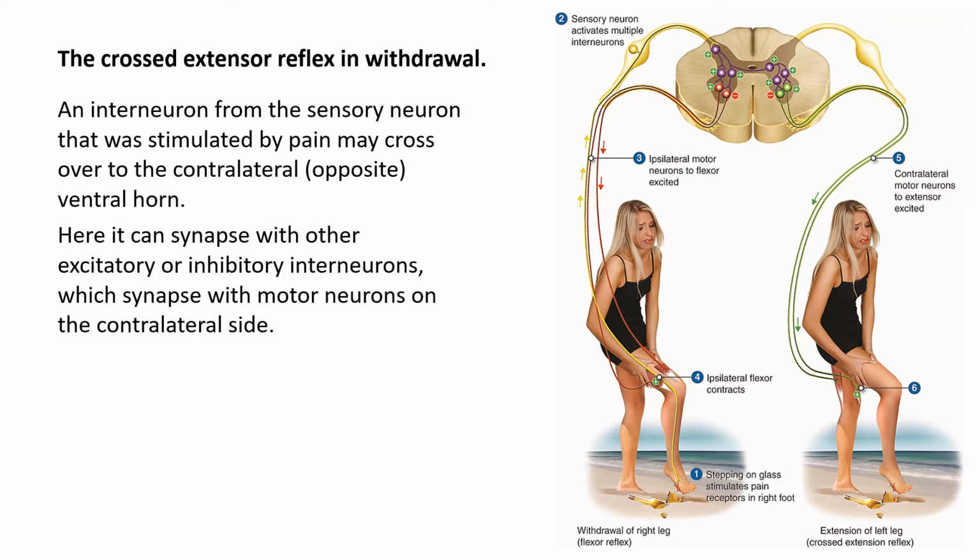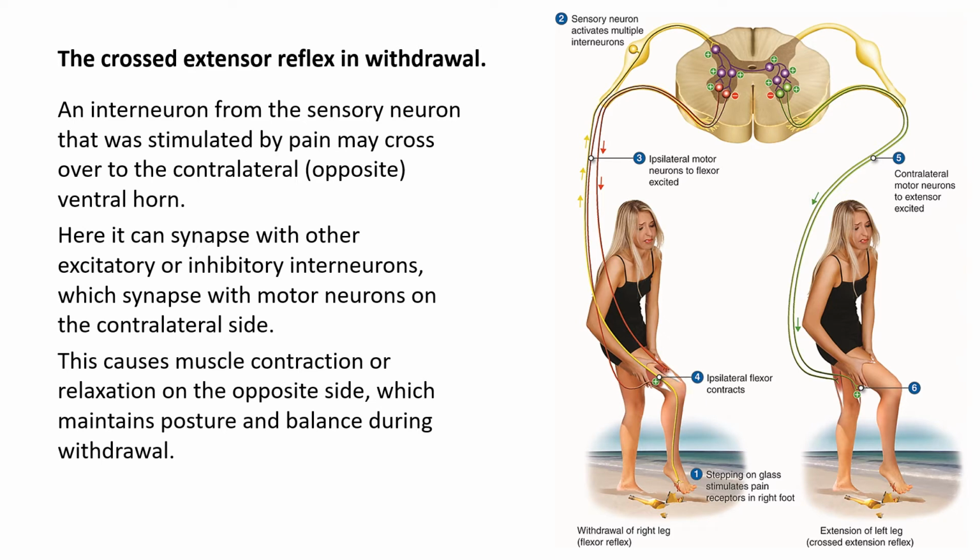So in the contralateral ventral horn, it can synapse with other excitatory or inhibitory interneurons again, because again, we're going to need contraction and relaxation, which then synapse with motor neurons on the contralateral side. This causes muscle contraction or relaxation on the opposite side, which maintains posture and balance during withdrawal.